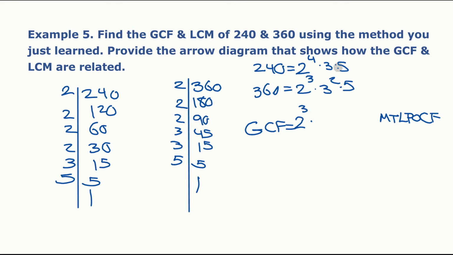The lowest power of 3 is going to be just 3 itself. And the lowest power of 5 they have in common is just one single 5 itself. And when you multiply that out, you get 2 cubed, which is 8, times 5, which is 40, times 3, which is 120.